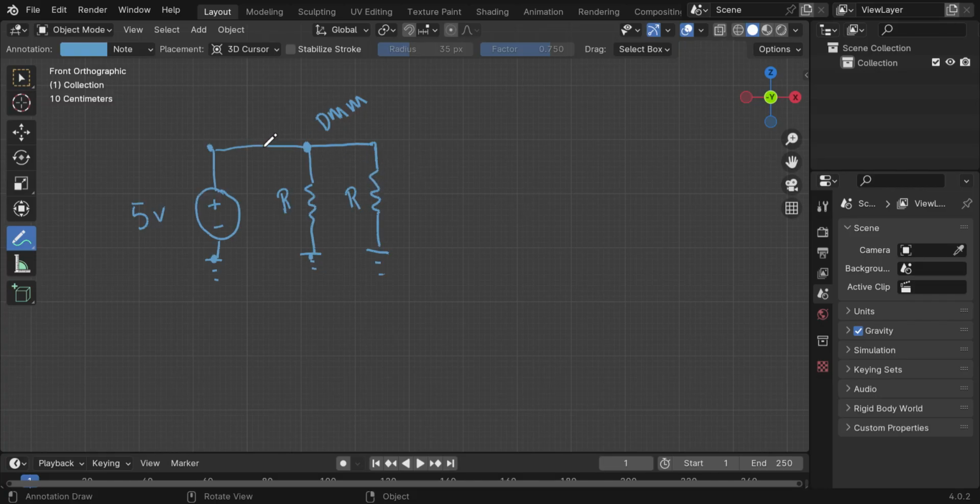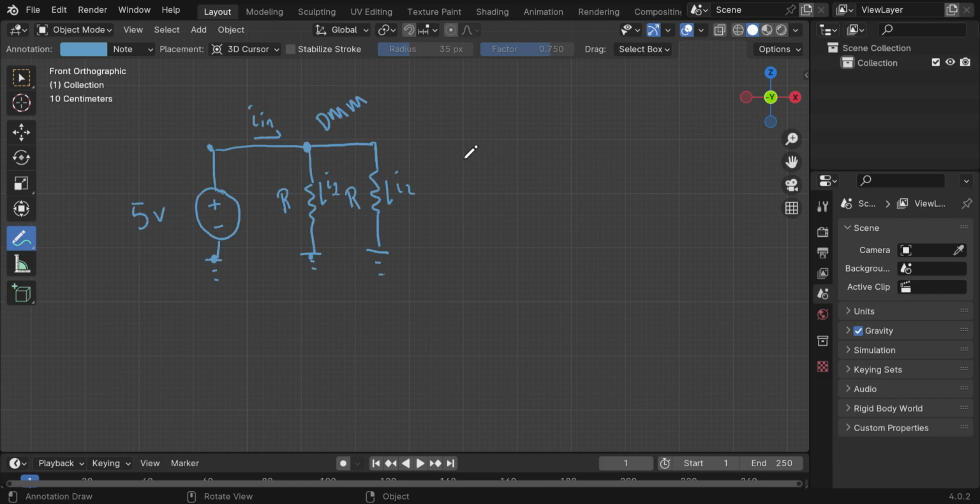However, the current is going to come in, and some of that current is going to come through this resistor, and then some current is going to come through this resistor here.